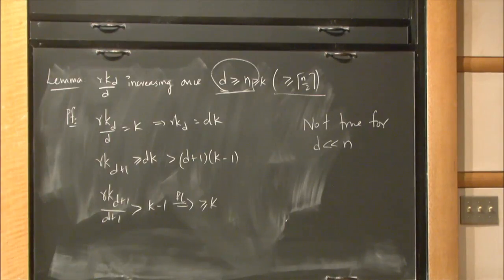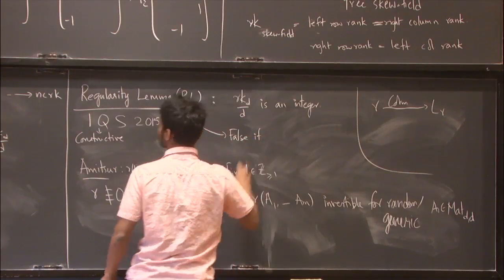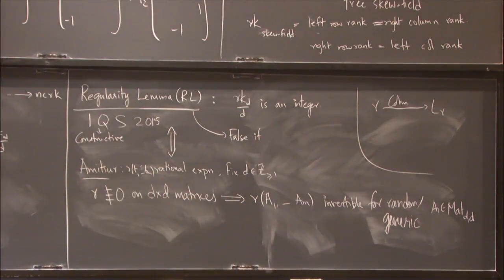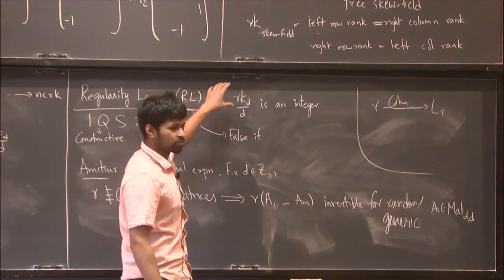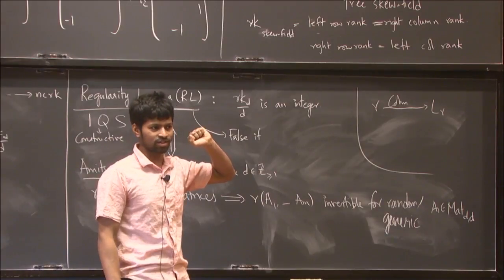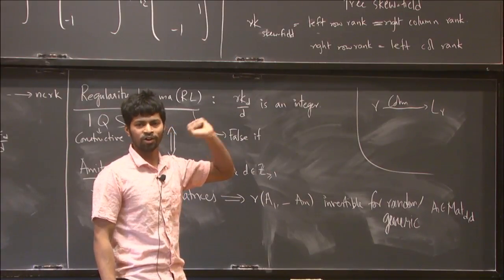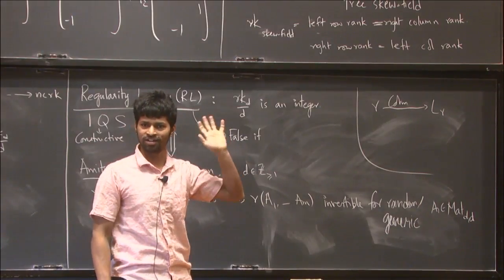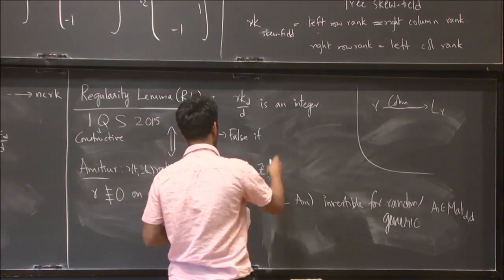Yeah, and let me also mention that this one is false. It's true for an infinite field, as stated. If I relax the condition of infinite field to a large enough field, it will remain true, because the only thing driving it is the fact that a polynomial is non-zero if and only if you can evaluate it at some point. So if you have a large enough field, it's okay.